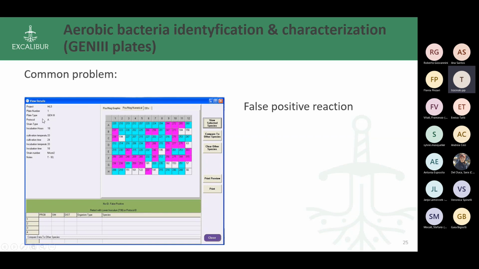In this case, if we start with protocol A, you should use protocol B. For example, this bacterium is Klebsiella oxytoca, and it commonly gives this type of false positive reaction.